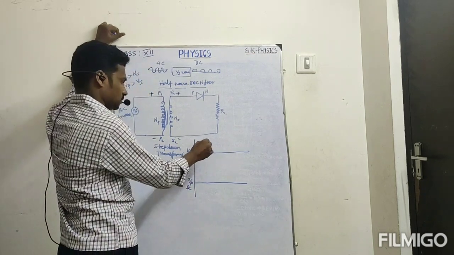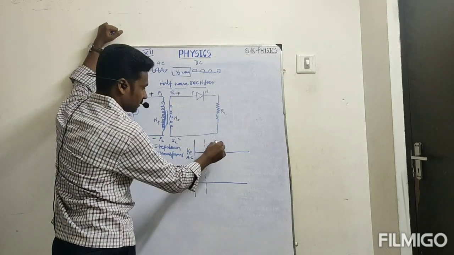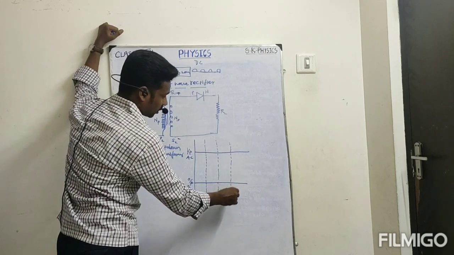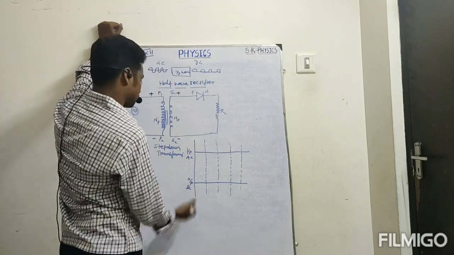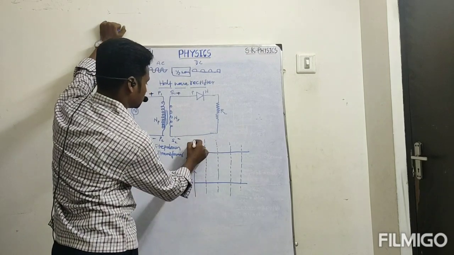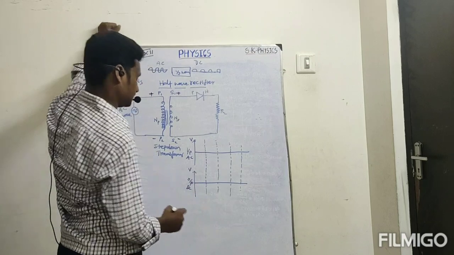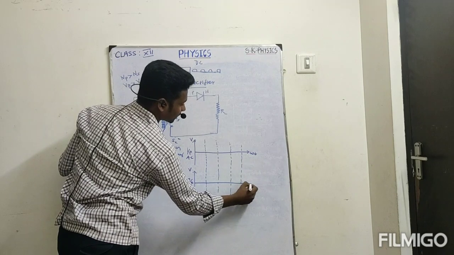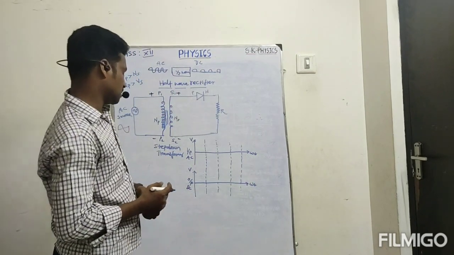Properly maintaining the time gap and phase, I put some dotted lines for convenience. This is voltage for AC, voltage for DC. Then generally that is the omega T factor, as in the AC lesson.